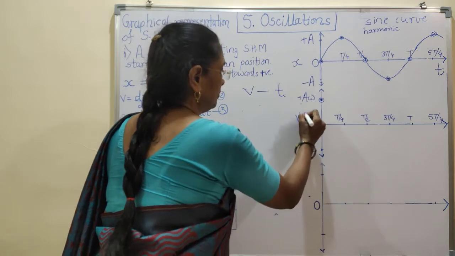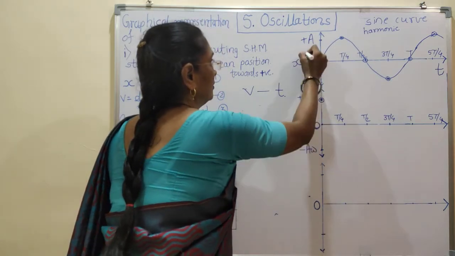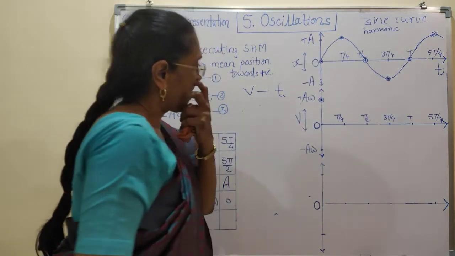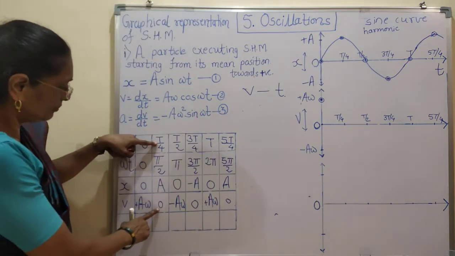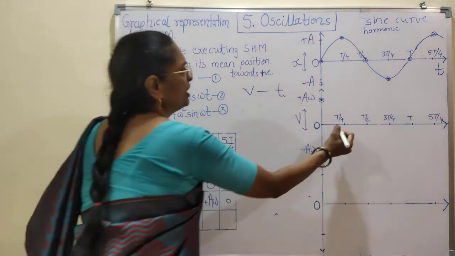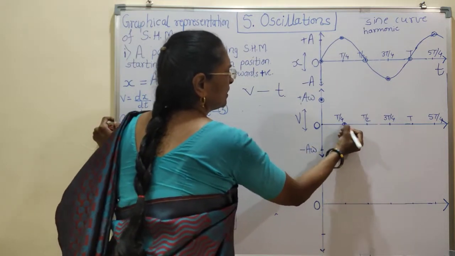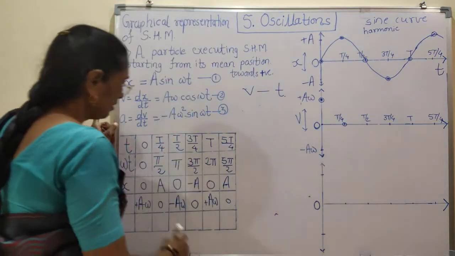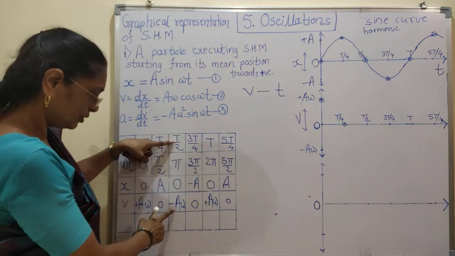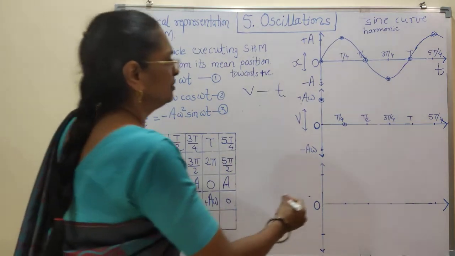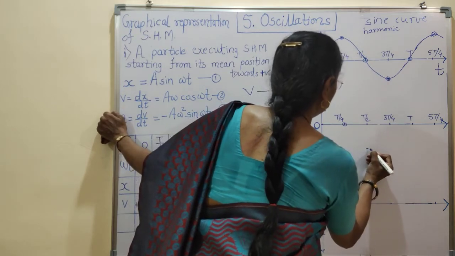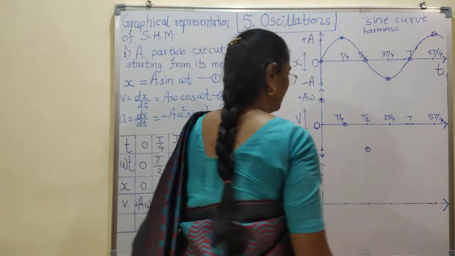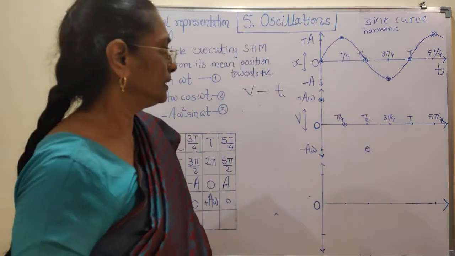This is the v-t variation. When t is equal to t by 4, v is equal to 0. We get it like this. For t by 2 it is negative maximum, so it can be here in the fourth quadrant.